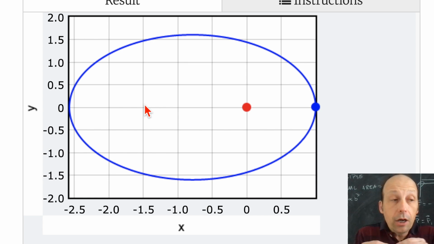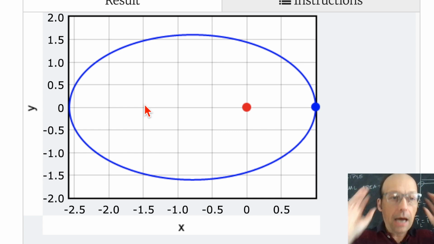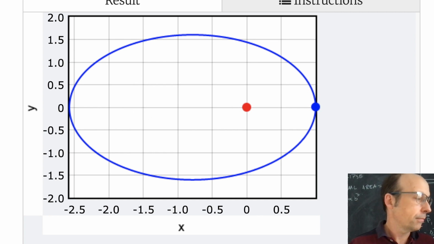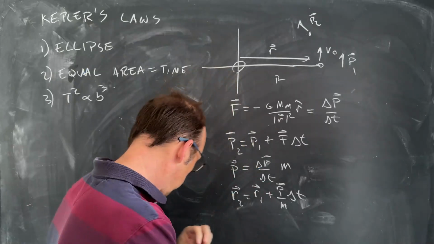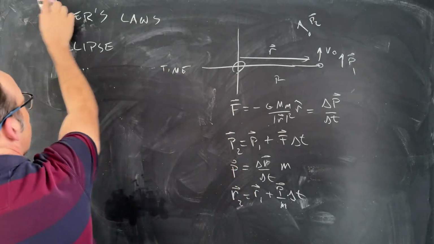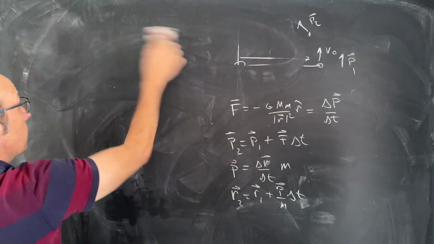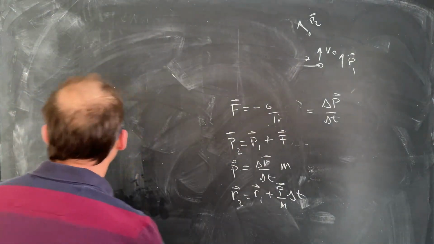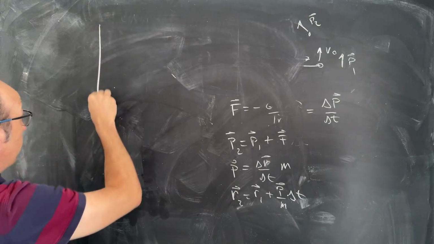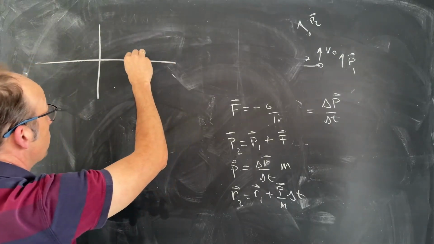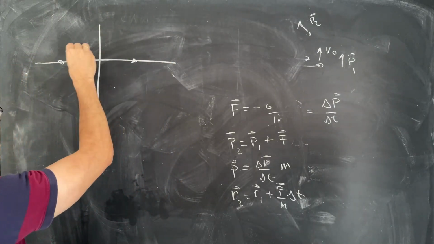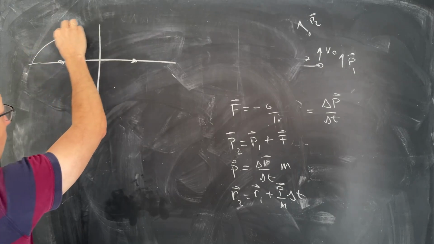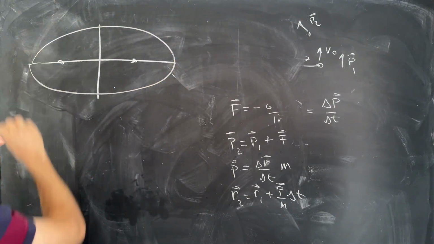So now, how do we show that this is indeed an ellipse? Well, let's jump to the board for a second and talk about the mathematical function for an ellipse. So I can erase everything. Suppose I have an ellipse centered at the origin. So I have two foci here and here, and I can draw it like this.